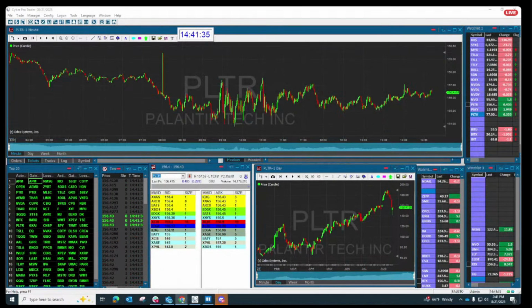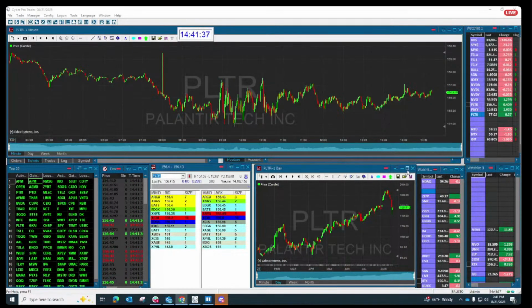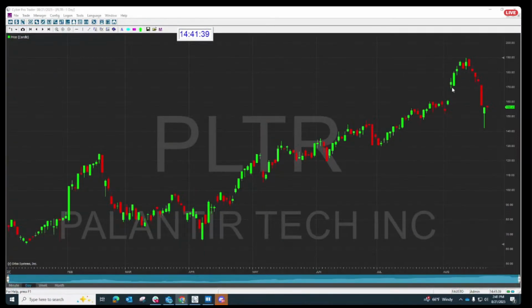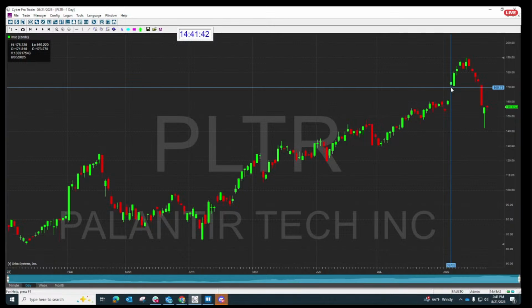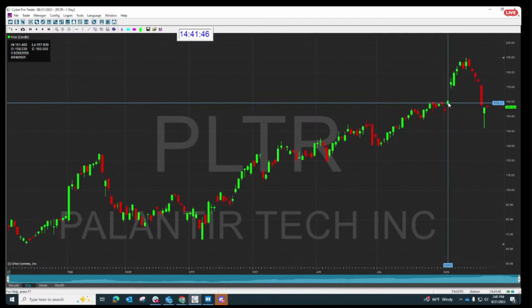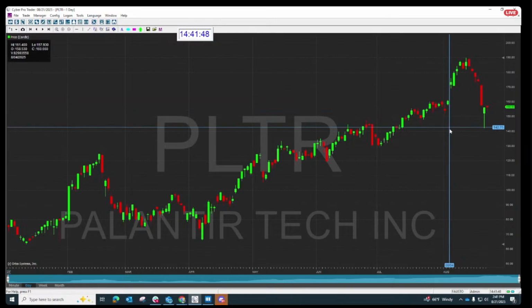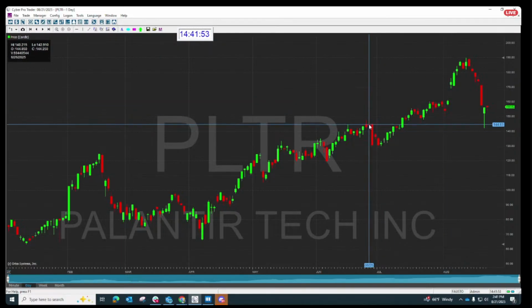Now, Palantir, if you look right here, was a gap fill, and it broke the support level around 169, and it came all the way back down to the next support level of 150, and then all the way down to a really big support level, which is this resistance level right here.